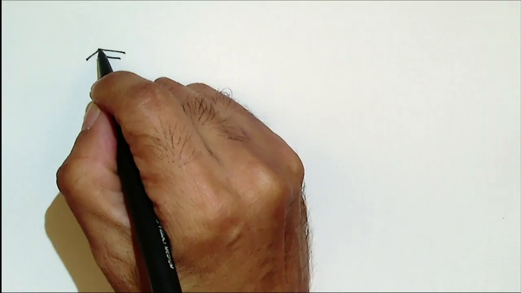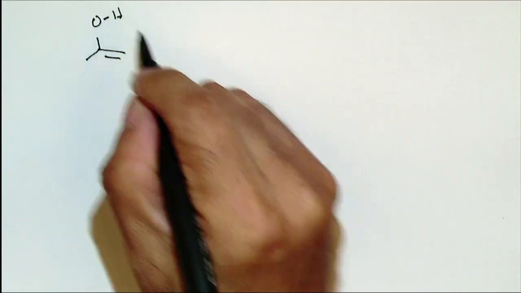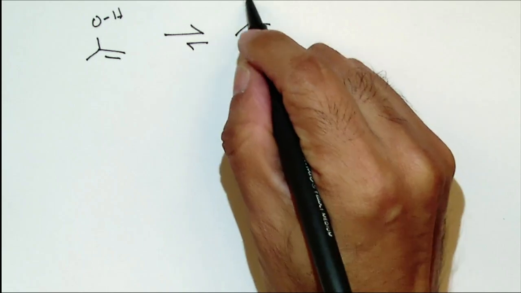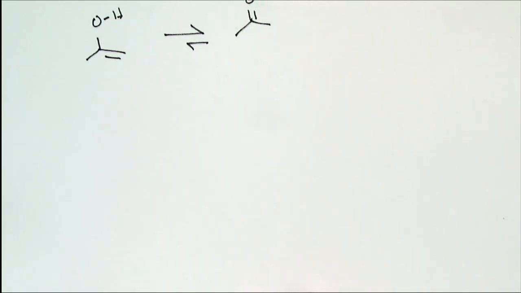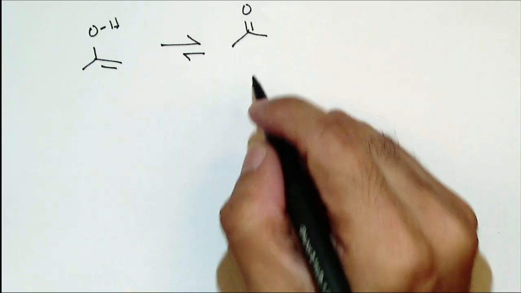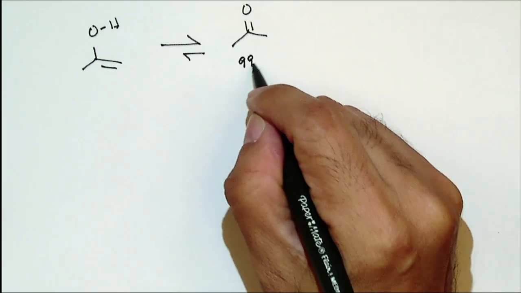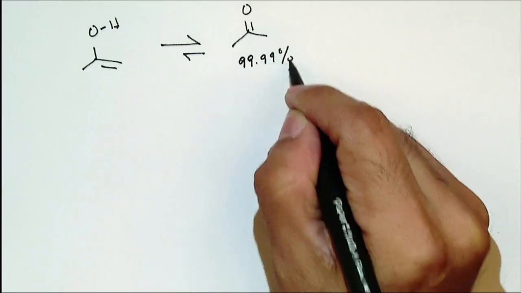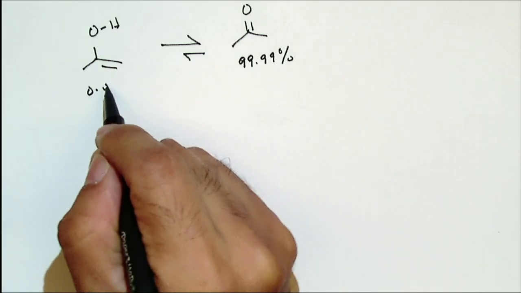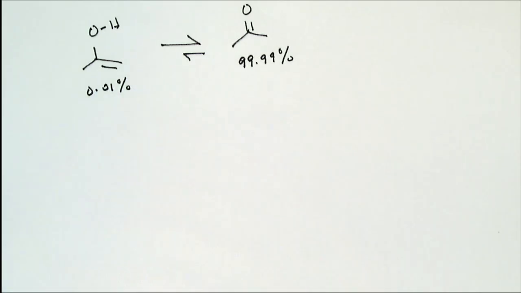Now, let me just give you a quick reminder that when it comes to the enol that we saw in Orgo-1, this molecule, which of course is in equilibrium with the keto form, in terms of which side is the preferred side, well, the keto form is, and at equilibrium you probably have 99% of your equilibrium mixture as the keto form, and therefore something like 0.01% in your enol form.